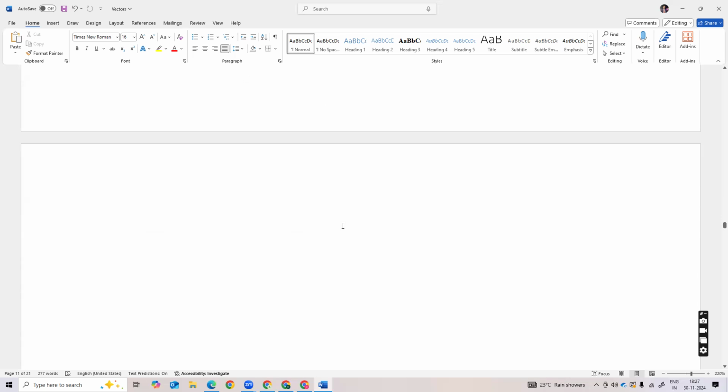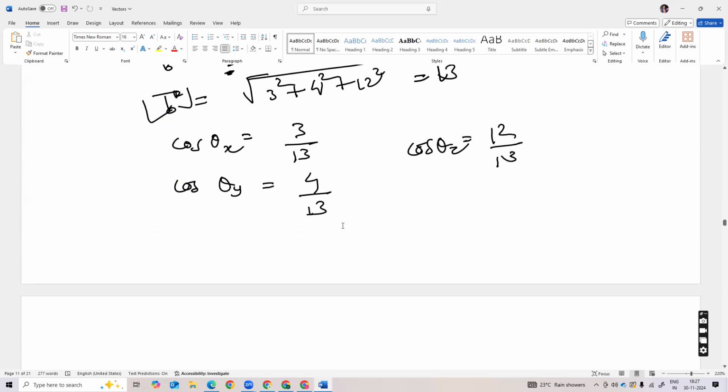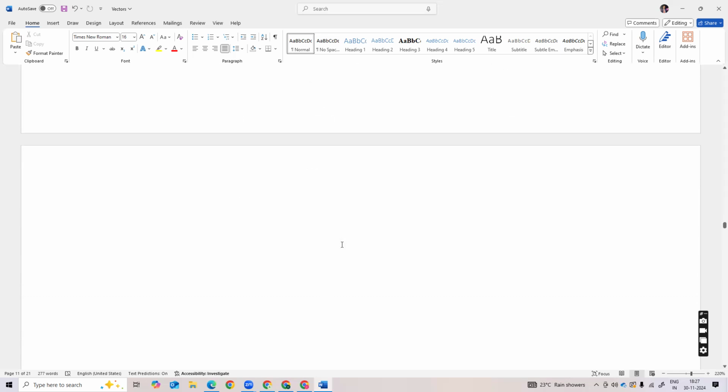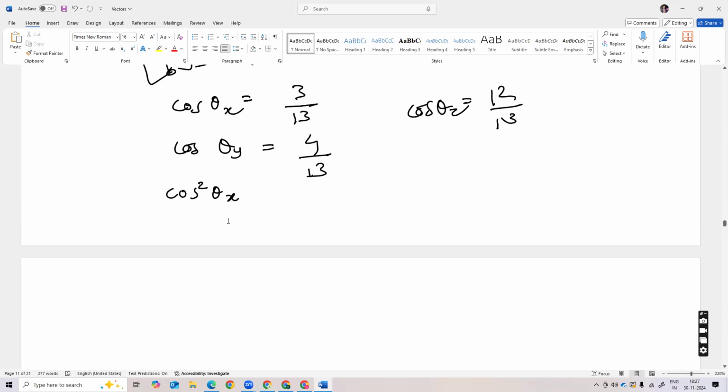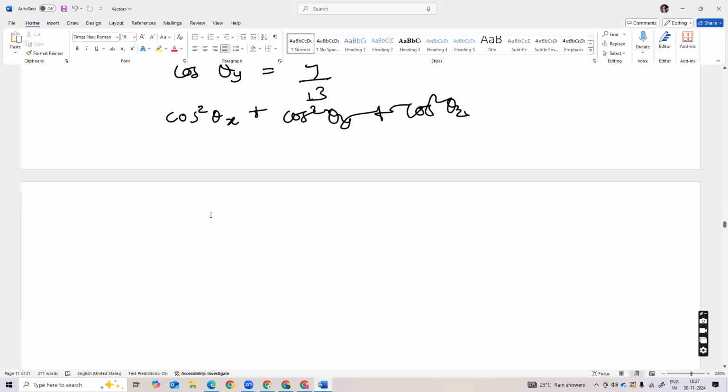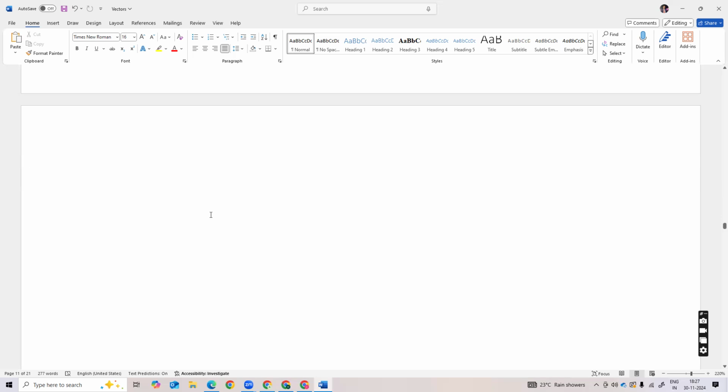Now we'll see two properties. If they ask us to find cos square theta x plus cos square theta y plus cos square theta z, the addition of the squares of the direction cosines.